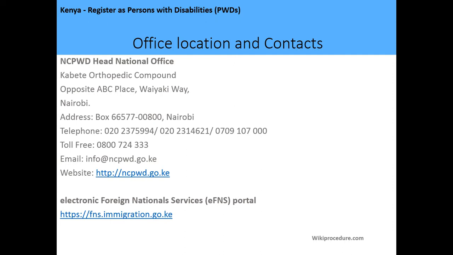Contact information of the National Council for Persons with Disabilities: they are located at Kabete Orthopaedic Compound, Waiyaki Way, Nairobi, opposite ABC Place in Westlands. You can also visit them at their website at ncpwd.go.ke, or visit the Foreign National Service portal to make your application if you're a foreign national.